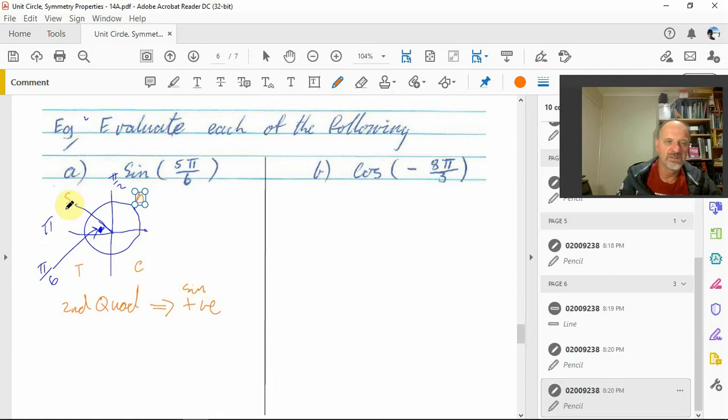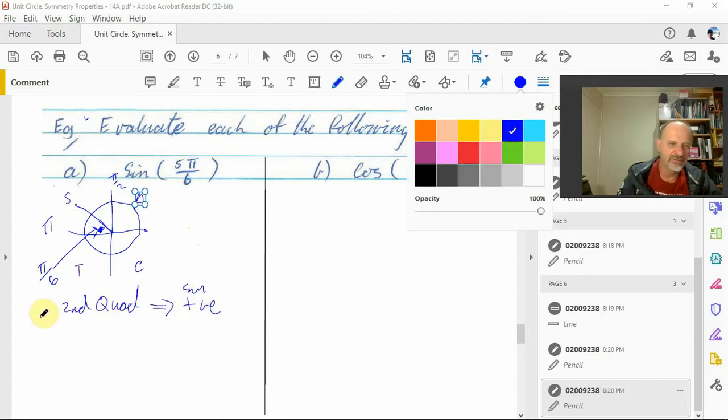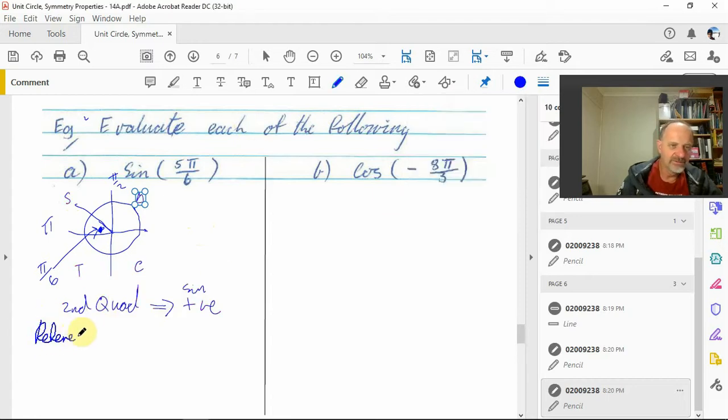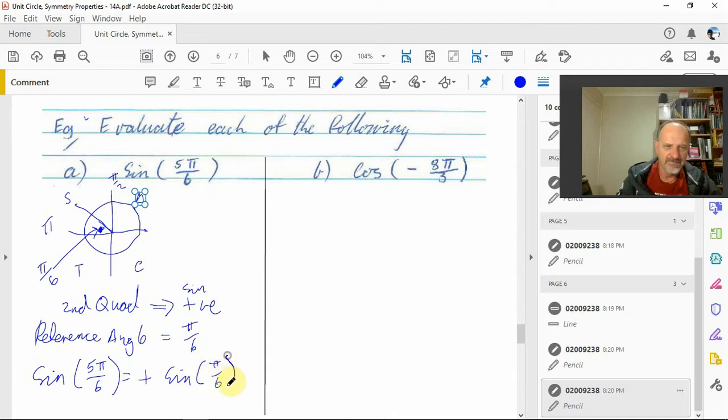All students, so sine is positive in that second quadrant. Now, the reference angle, which I already figured out to be pi/6. So what we know is that the sine of 5pi/6 is a positive value, and it's related to the sine of the reference angle, so it's related to the sine of pi/6.